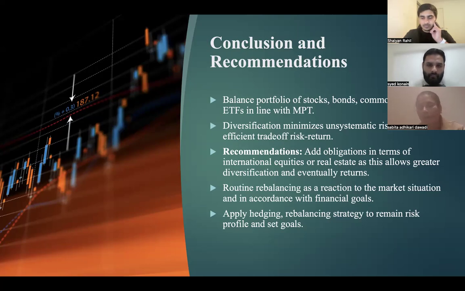We also recommend routine rebalancing in reaction to market conditions and in accordance with financial goals, and applying hedging and rebalancing strategies to maintain the risk profile and set goals. This is our conclusion and recommendation.